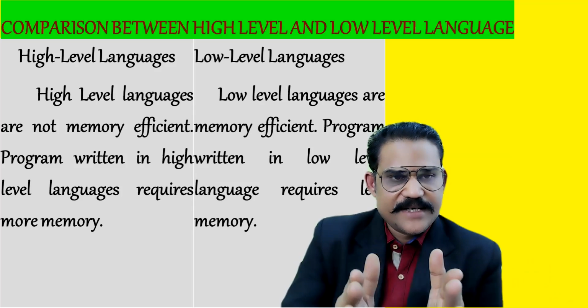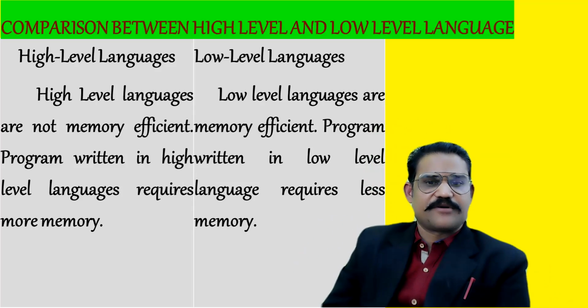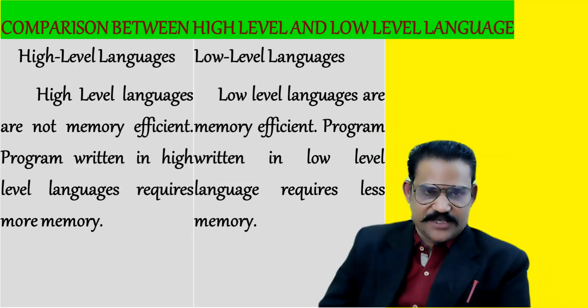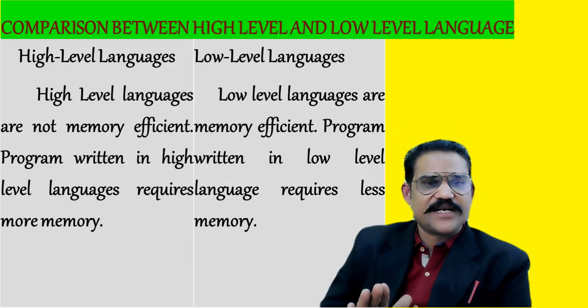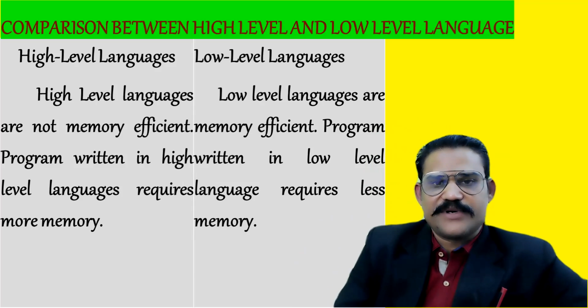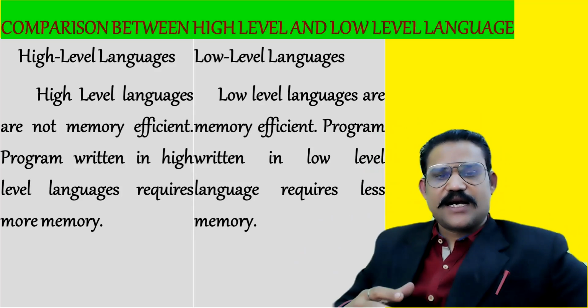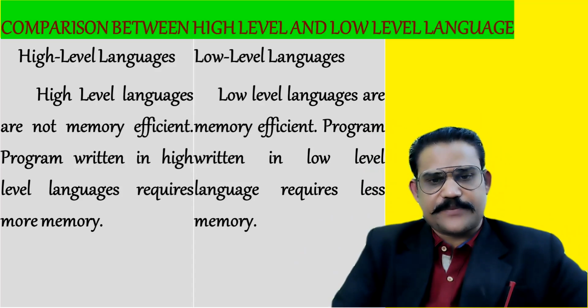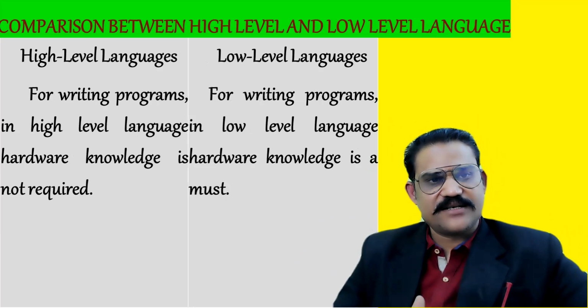The next point about high level language is that high level languages are not memory efficient. Programs written in high level language require more memory, whereas low level languages are memory efficient and programs written in low level language require less memory. Now come to the next slide.